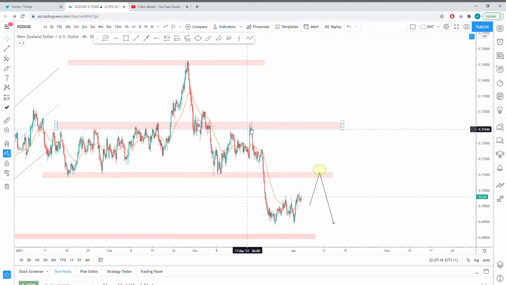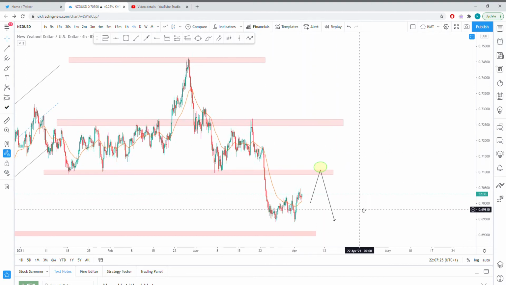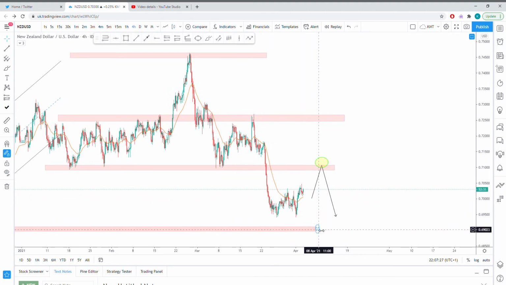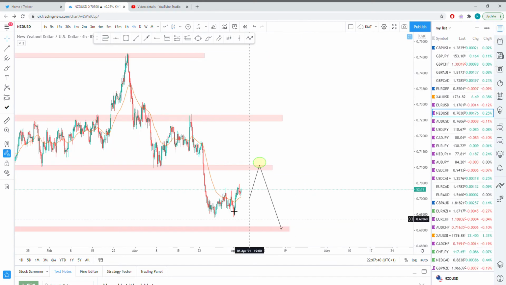As long as price stays below 0.725, we should be able to see that continuation push lower, and ideally I'm looking to anticipate price to come into 0.69. We can expect to see that if we get this retracement towards the upside. So again, we're going to be following some sort of eventual selling condition.